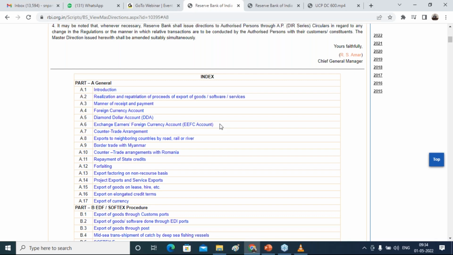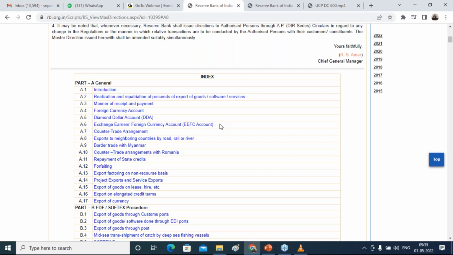So for business people who do both import and export, it is very essential to maintain a foreign currency account, so that the dollar payments you receive, you keep in that account in dollars only.